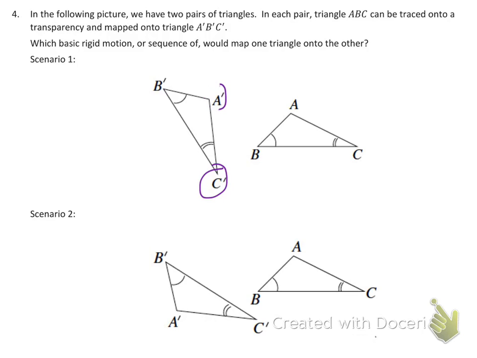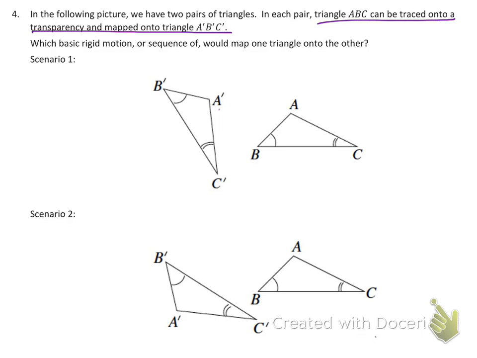And so let's read what is given in this problem. We're told that the triangle ABC can be traced on a transparency and mapped to A prime, B prime, C prime. Which rigid motion or sequence of would map one triangle onto the other?